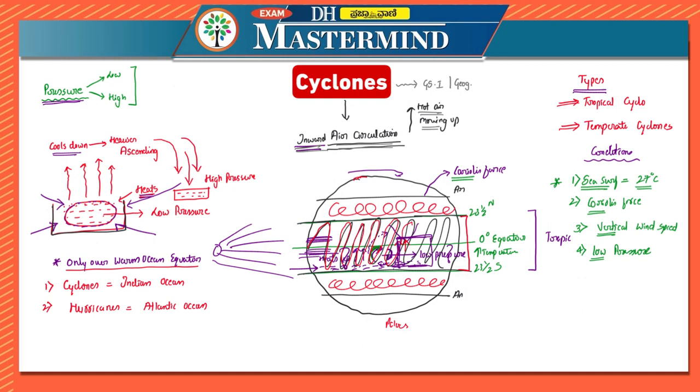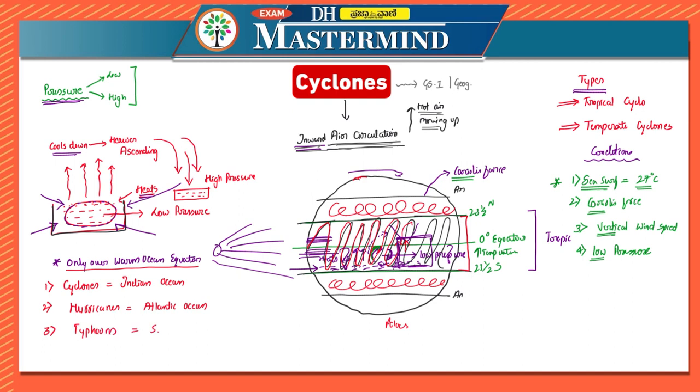So we have seen that these are formed only over warm ocean water near the equator. If they are formed near the Indian Ocean, they are called cyclones. If they are formed in the Atlantic Ocean, they are called hurricanes. And third, if they are formed in the Pacific Ocean, that is Western Pacific and South China Sea, they are called typhoons. Very important.